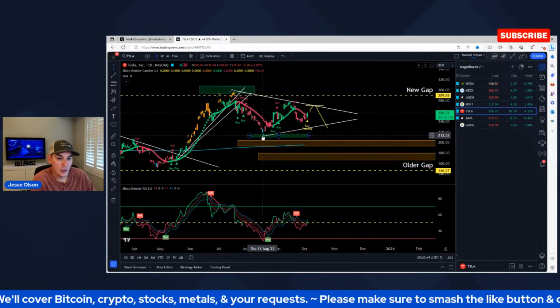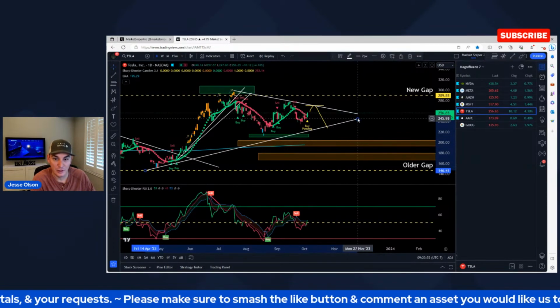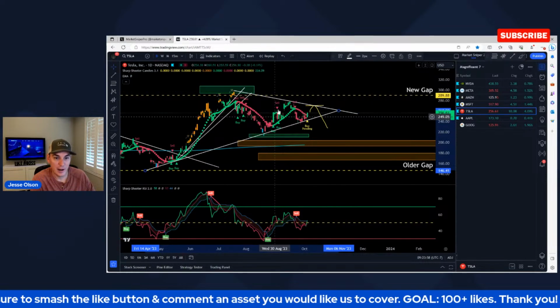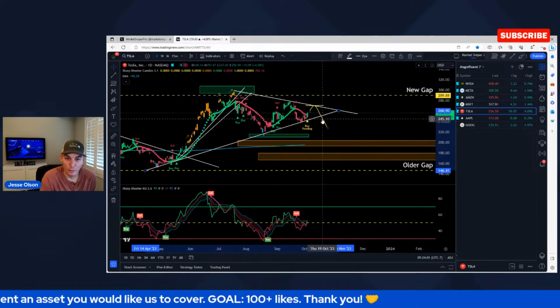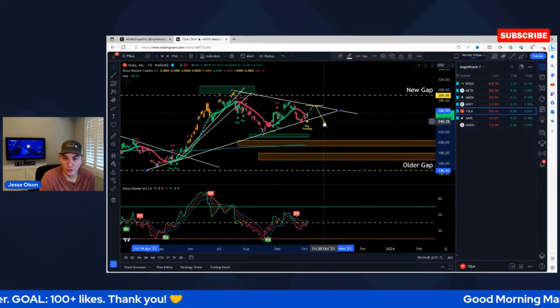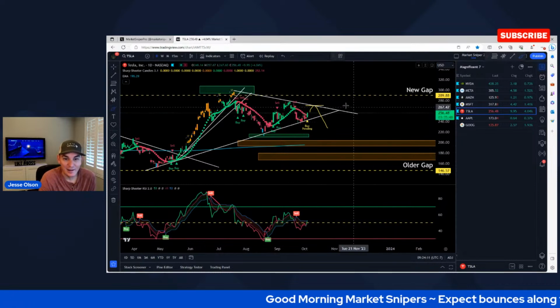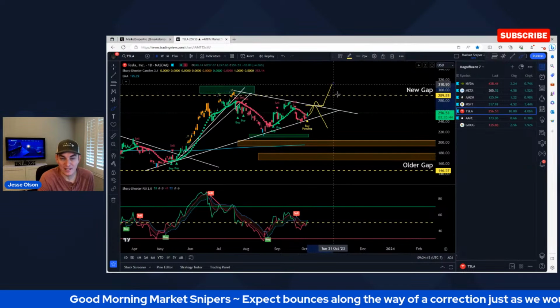right, don't get chopped up. If you're looking to trade it, you may have to drop down to a lower time frame. Don't get chopped up, it's going into this consolidation. You'd want to wait for a bigger move of a longer term trend line. So if it starts breaking back down below here, or if it just does a complete 180, right, and comes back out, maybe does a retest and comes back up, right?